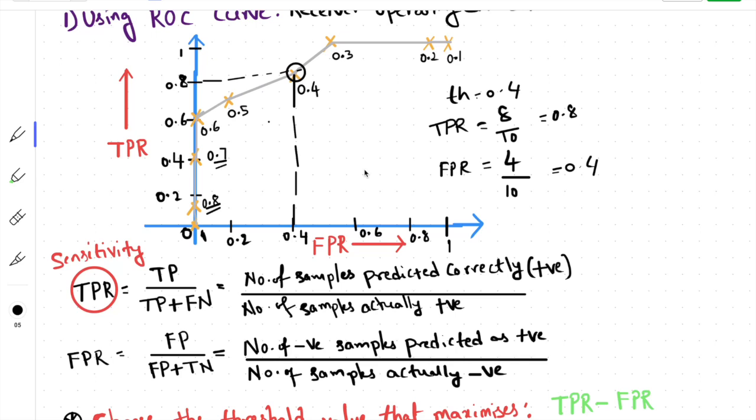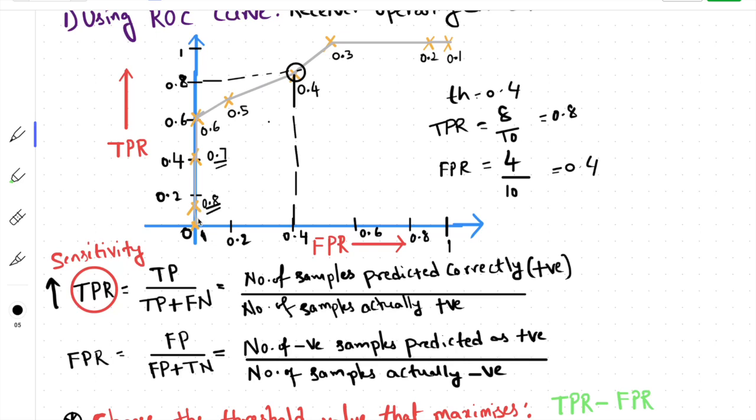So ideally, we want the model to identify all the positives. All the actual positives should be predicted by the model as positives. That means we want the maximum true positive rate. So if we see here, as we keep decreasing the threshold, initially when the threshold is set to 1, that means at the extreme right, the true positive rate is 0 and the false positive rate is also 0.